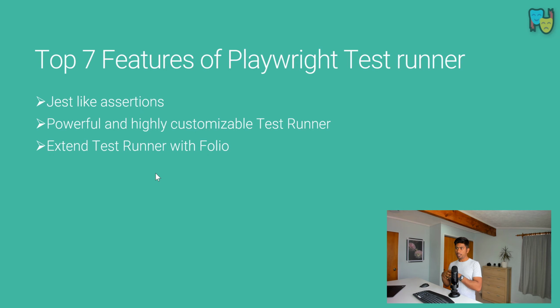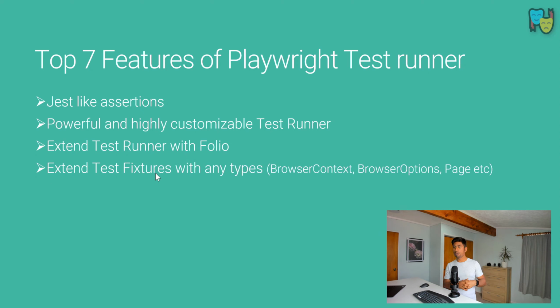And extending the test runner with Folio is another great thing that you have on this test runner. Once again, I'll talk about Folio in a minute, but yes, you can extend the test runner using Folio, and you can even extend your own test runner kind of thing. And then you can extend the test fixture with any types, meaning you can extend the BrowserContext or the BrowserOptions or the pages, and all those things you can extend using the Playwright test runner.